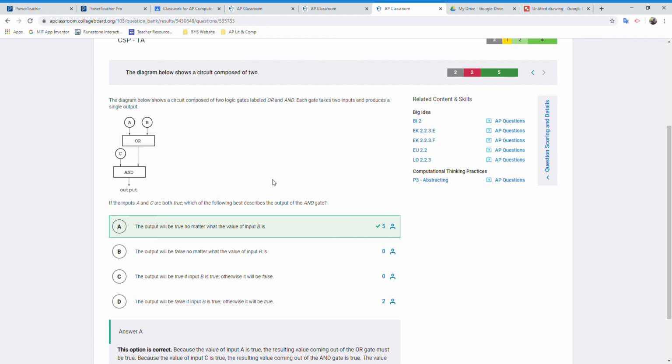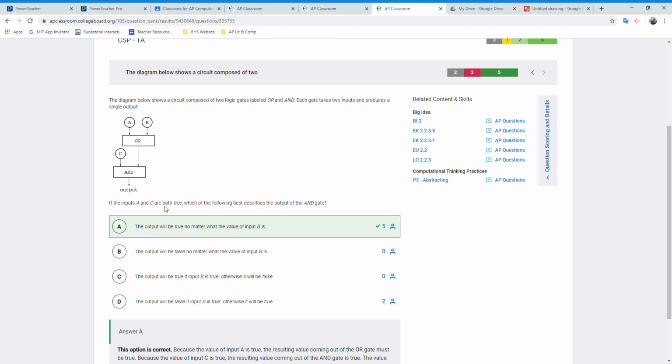Next, here. This is understanding the value of AND and OR, and a couple of people kind of got confused on the values of AND or OR. So, AND needs both. OR needs either, but it needs either to be true. So, either A or B has to be true for OR to give me true.